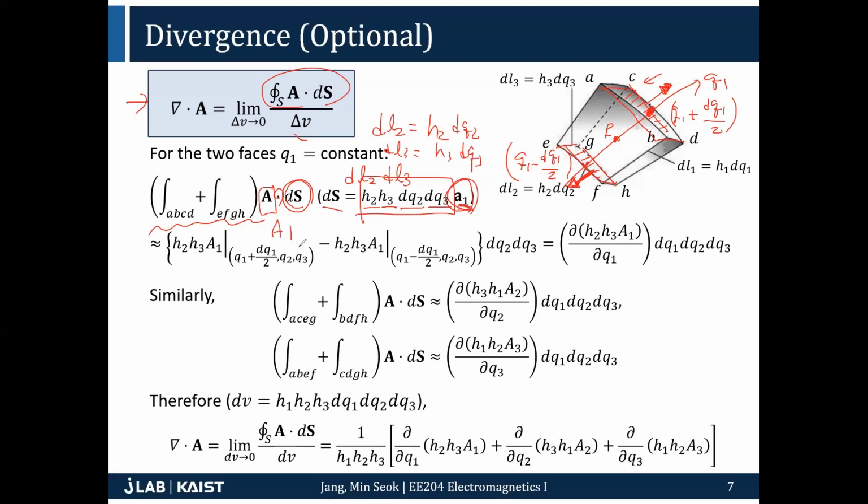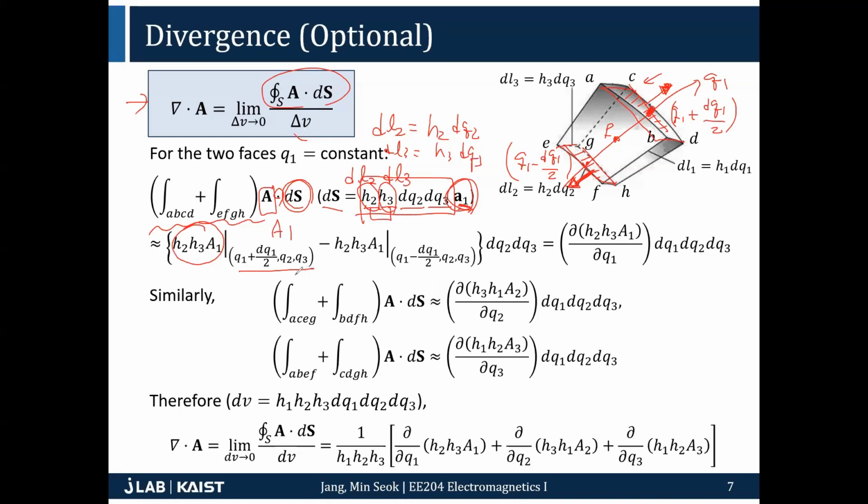Then what's different? The difference is that H2 and H3 can be position dependent. H2 and H3 are not fixed numbers. So H2, H3, and A1 must all be evaluated at this position in order to perform this integration.